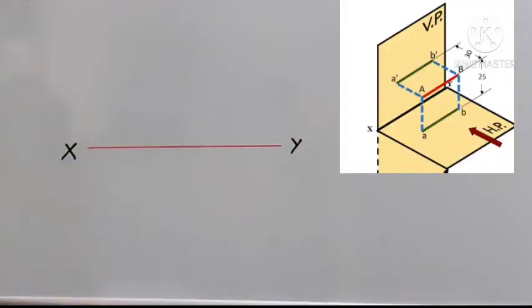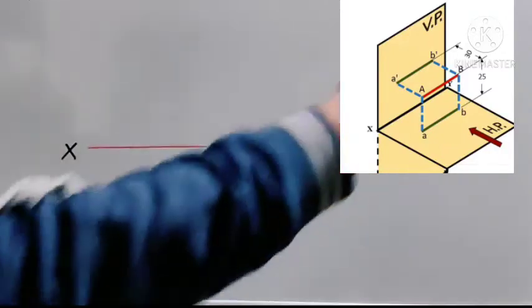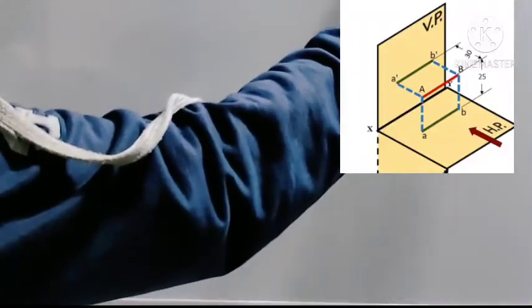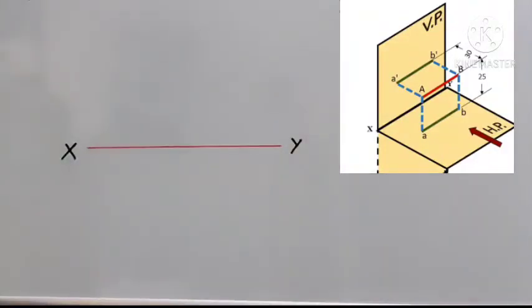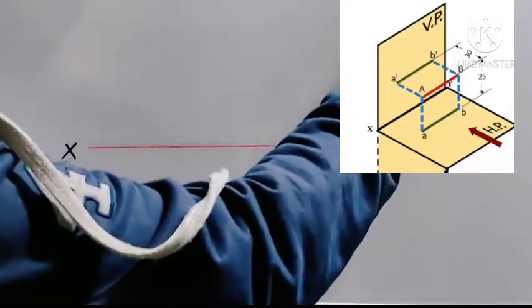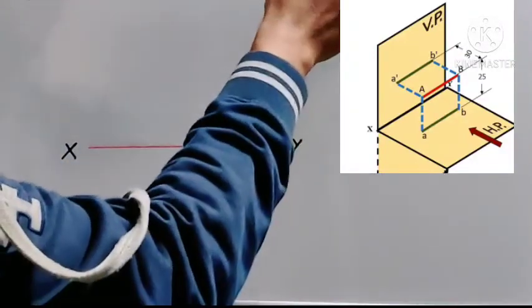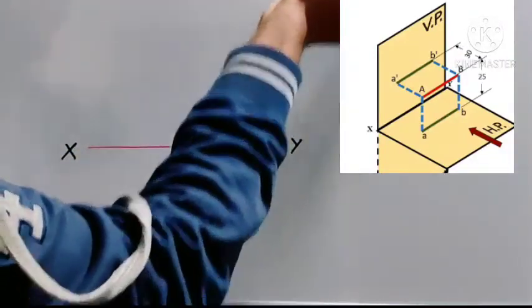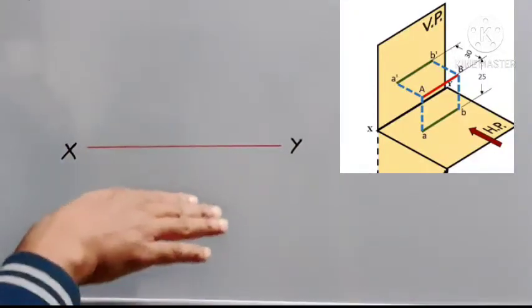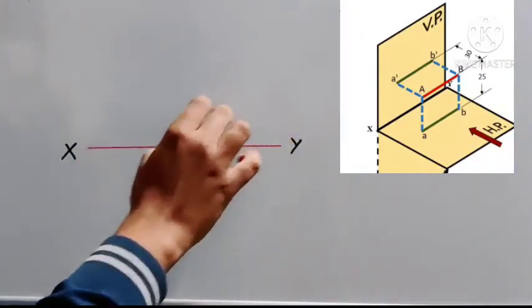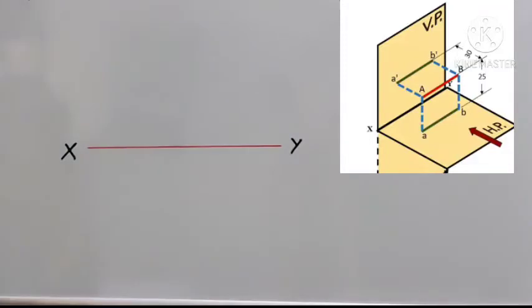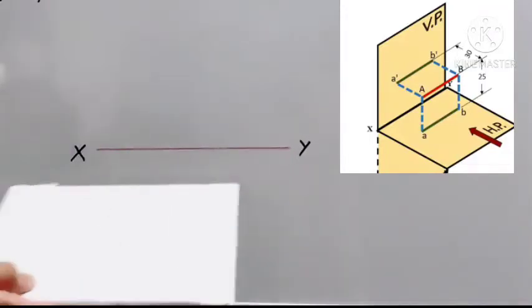So first let's start with the front view. If you see from here, you will see the A dash B dash line and you will see this 25 mm height. That means the A dash B dash line will be 25 mm above the horizontal plane. I already told you, when you are considering the vertical front view, your horizontal plane is something like this.